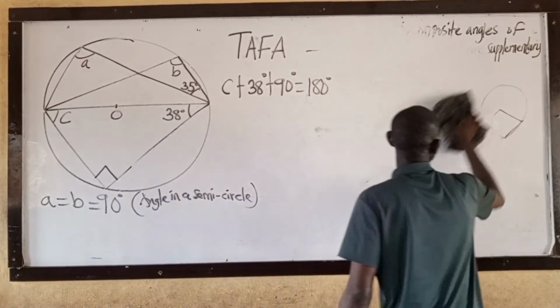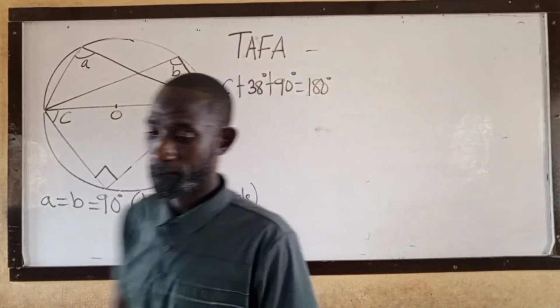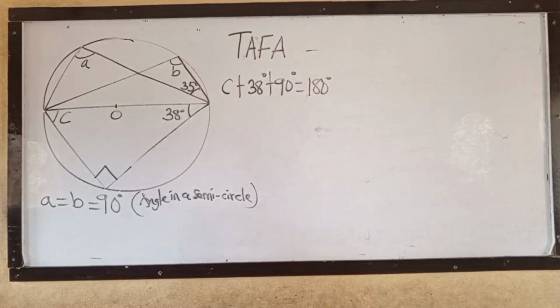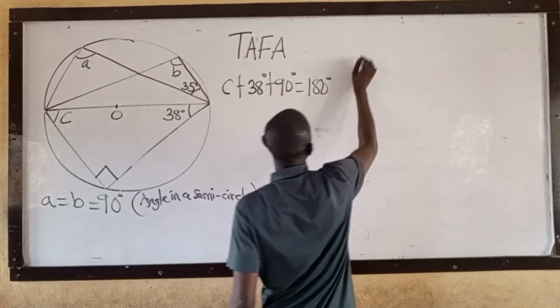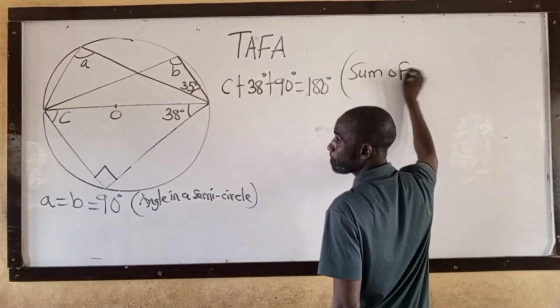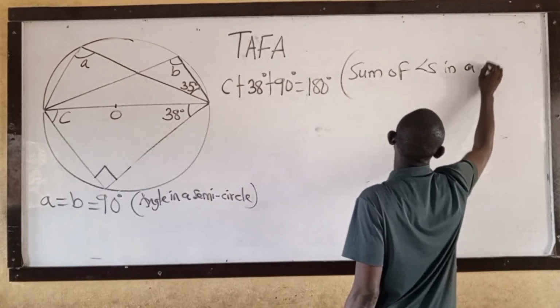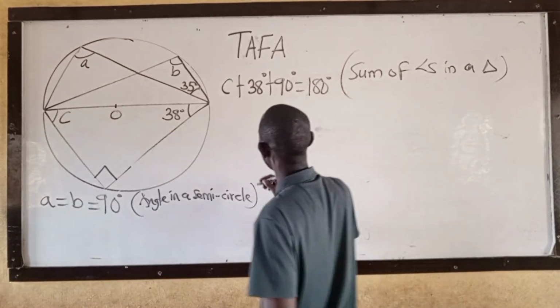So we have sum of angles in a triangle. So what do I have here?